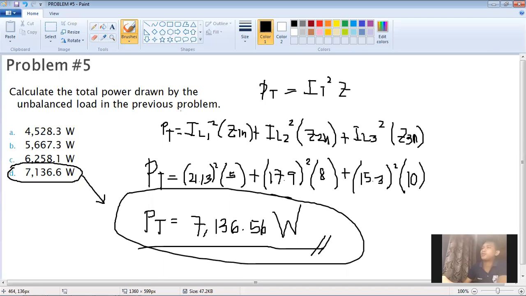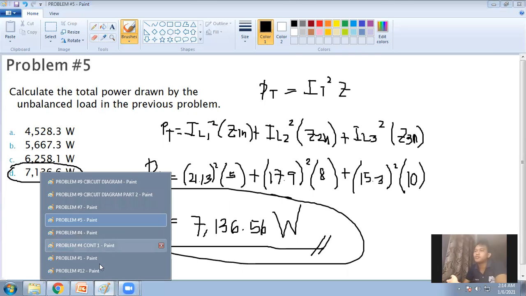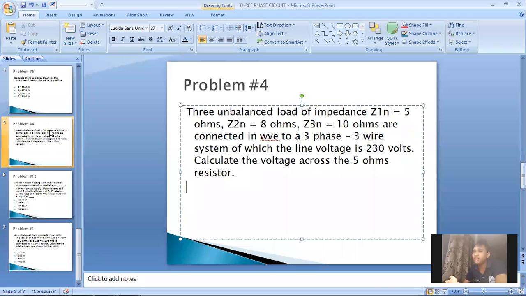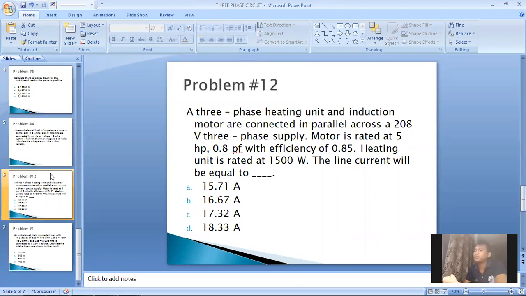All right, so moving forward, for our next problem, for us to understand more about the three-phase circuit, our next problem is problem number 12. A three-phase heating unit and induction motor are connected in parallel across a 208 volts three-phase supply.